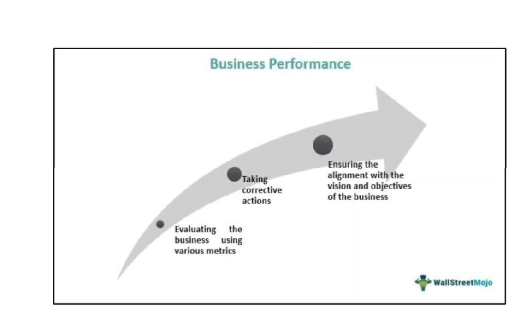Now, after evaluation, identify what went good and wrong. Next is taking corrective actions. For example, in evaluating the business using various metrics, during the evaluation you found out that there is a decrease of sales last year, or let's say last month.